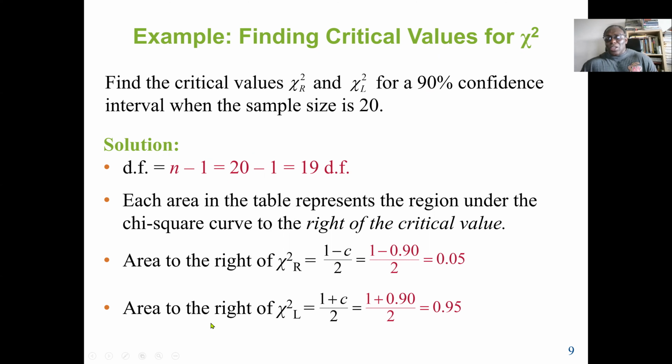Now, the area to the left of the chi-square will be 1 plus C over 2, which gives us again 1.9 divided by 2, 0.95. So the total should give us again 100%, 1. So to the right, we have 1 minus C over 2. To the left, 1 plus C over 2.